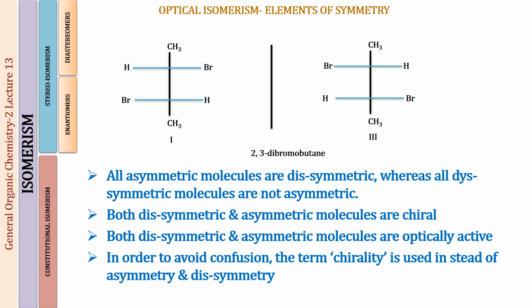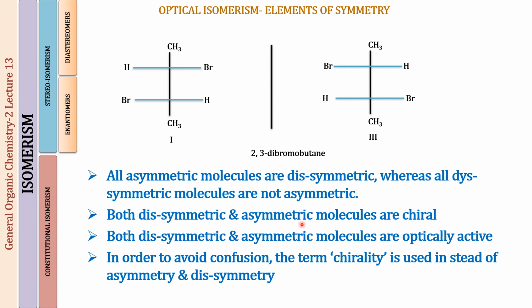So what we can conclude is that all asymmetric molecules are going to be dissymmetric, right? Because all asymmetric molecules have all 4 elements of symmetry absent, and the dissymmetric molecule may have some element of symmetry present. So all asymmetric molecules are going to be dissymmetric, but all dissymmetric molecules may not be asymmetric.